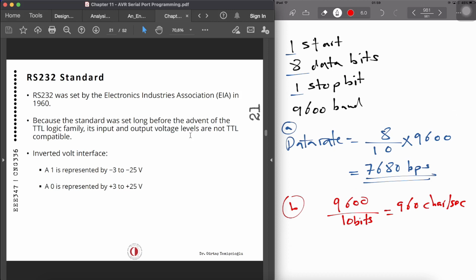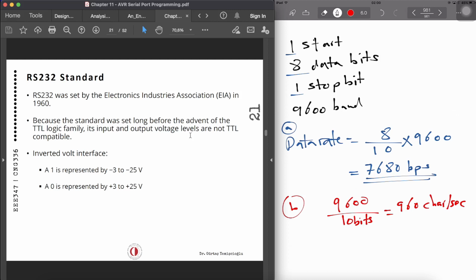So 232 is one of the most widely used serial I/O interfacing standards, and this standard is actually used by PCs and numerous types of equipment as well. But as this was set a long time ago, when there was a TTL logic family at that time, the input and output voltage levels are not TTL compatible.